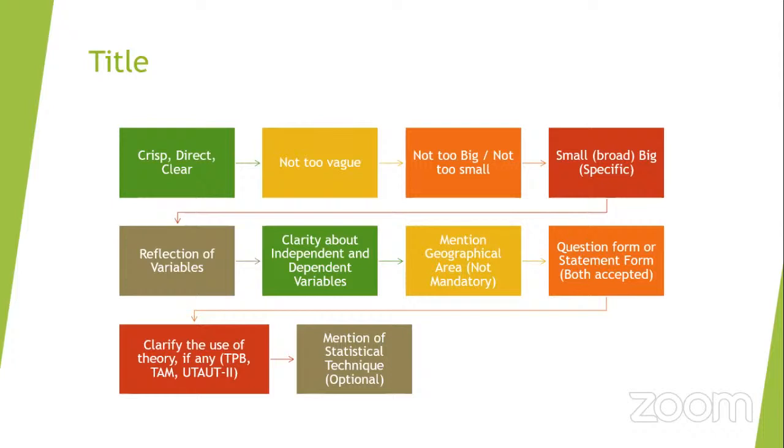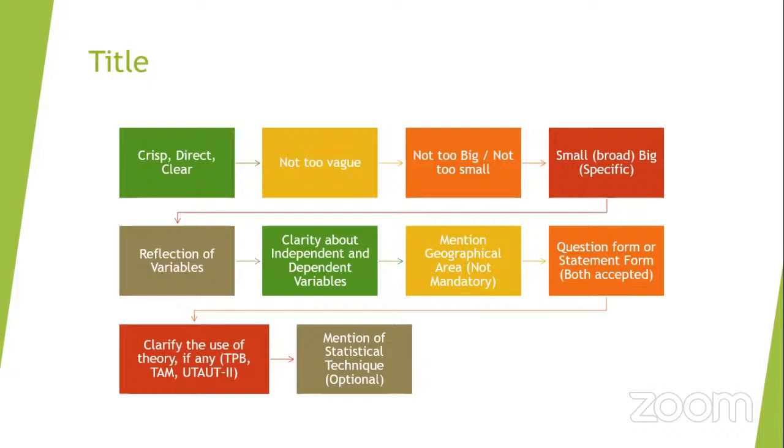Then we can mention the geographical area. This is not mandatory, but you can mention, like, in Delhi NCR. Question form or statement form, both are accepted. The title can be in question form also, like how customer satisfaction affects customer loyalty. This can be a title.